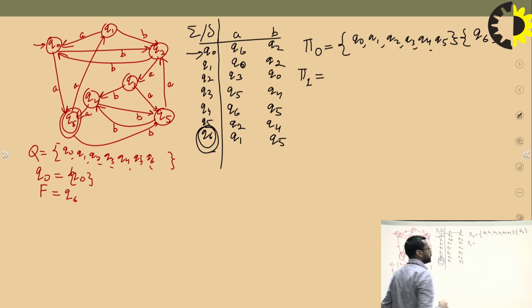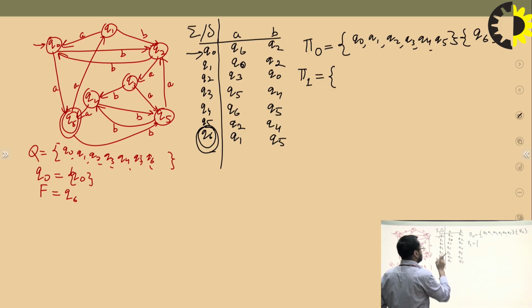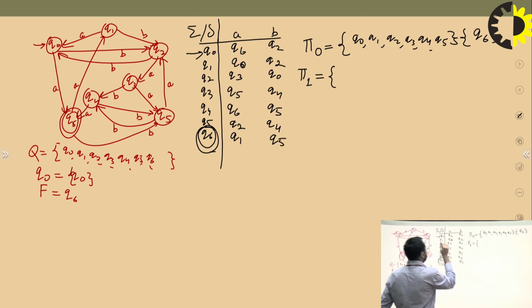So the next step is to calculate the one equivalence, which is calculated from Q naught using the transition table. To calculate pi 1, we check Q naught and Q1 in the table. What will be the next state after applying the input symbols A and B?